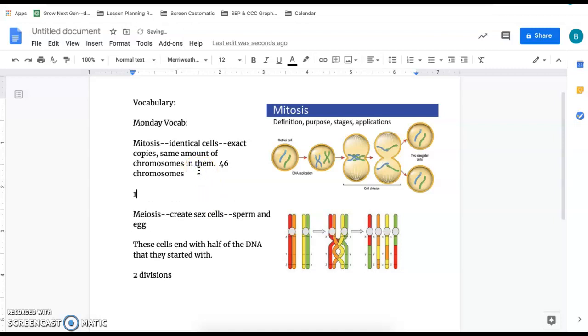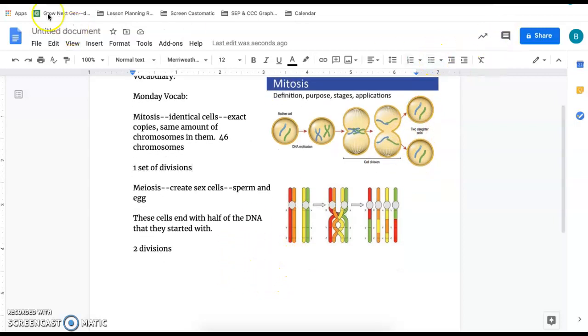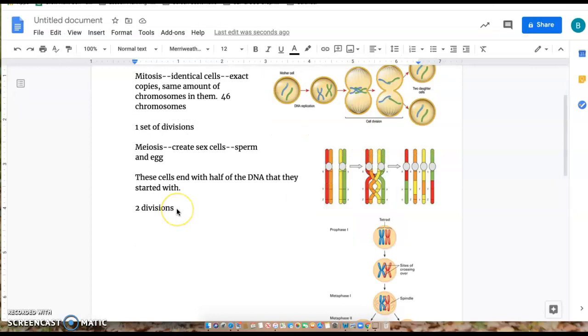Mitosis, I forgot to say, goes through 1 set of divisions. As you can see, it's only divided 1 time. Where in meiosis, it's actually going to divide twice. So these 2 sets of divisions actually end with 4 cells, and each cell has 23 chromosomes within that cell.